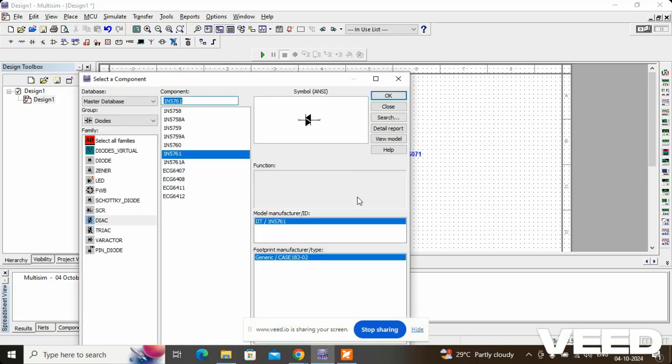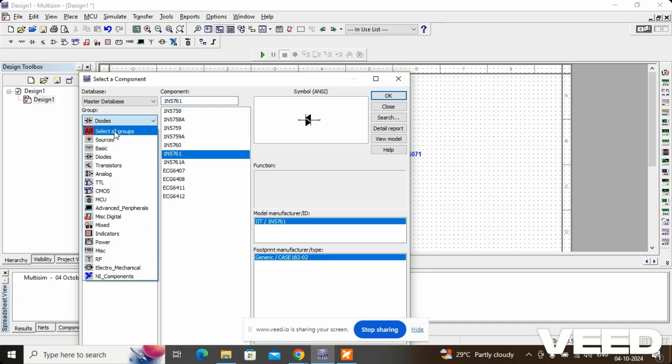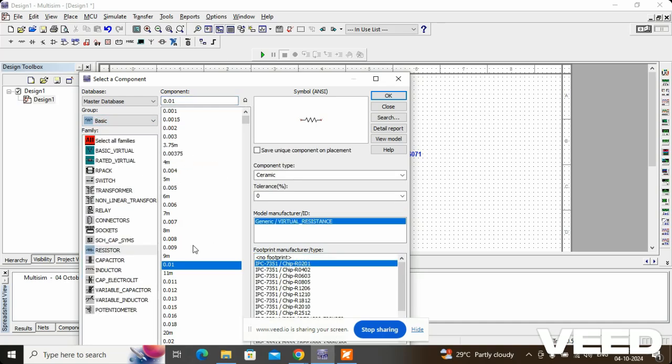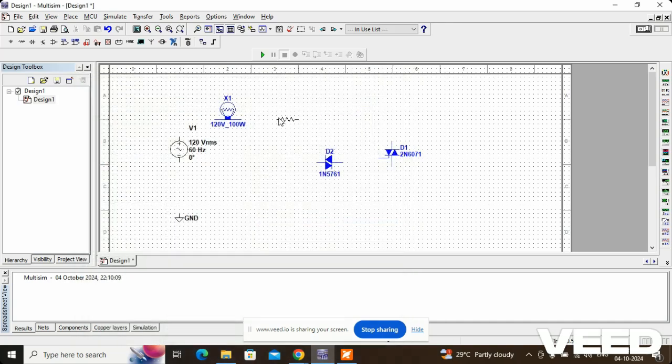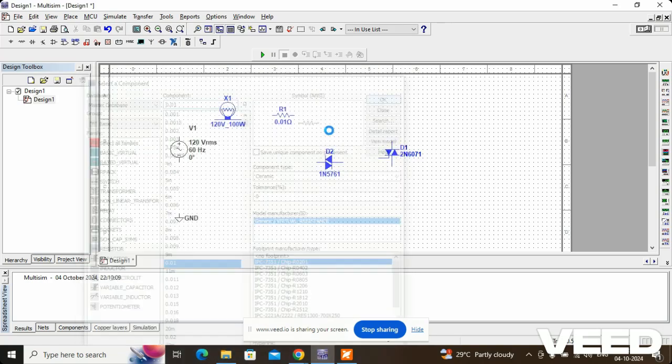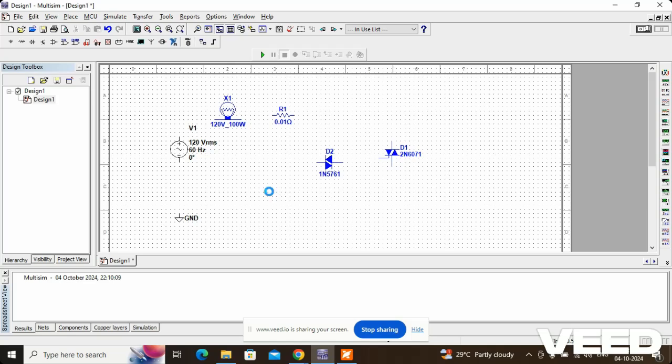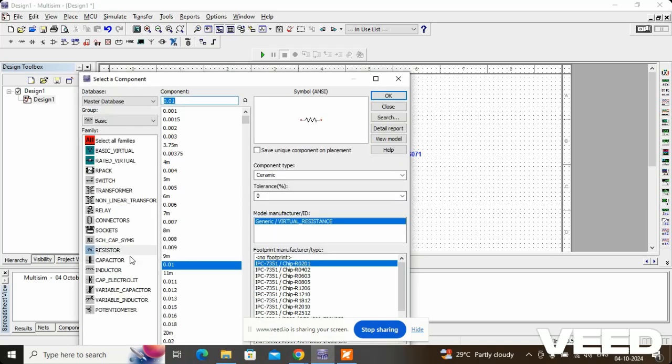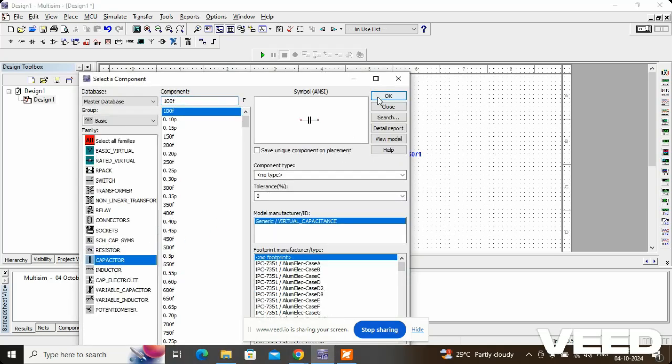Now we are going to connect the resistance, and here you can use any resistance. You can use a metal film resistance or a carbon film resistance, it depends on you. And let's use a non-polarized capacitor over here, and again a potentiometer.